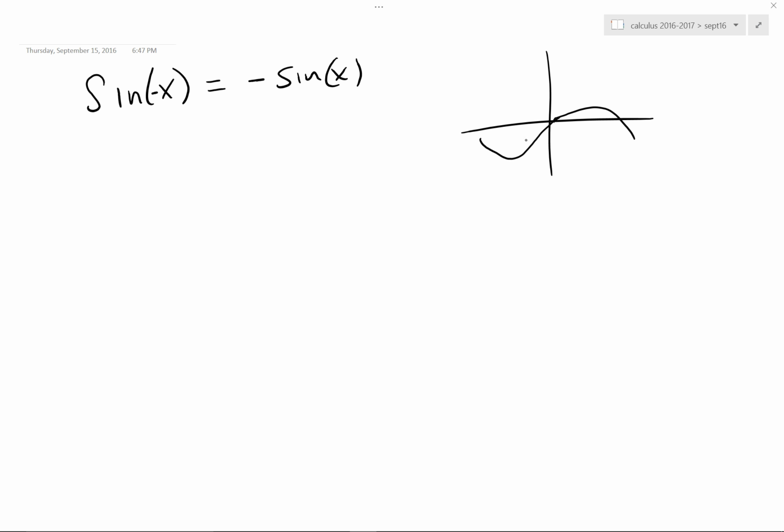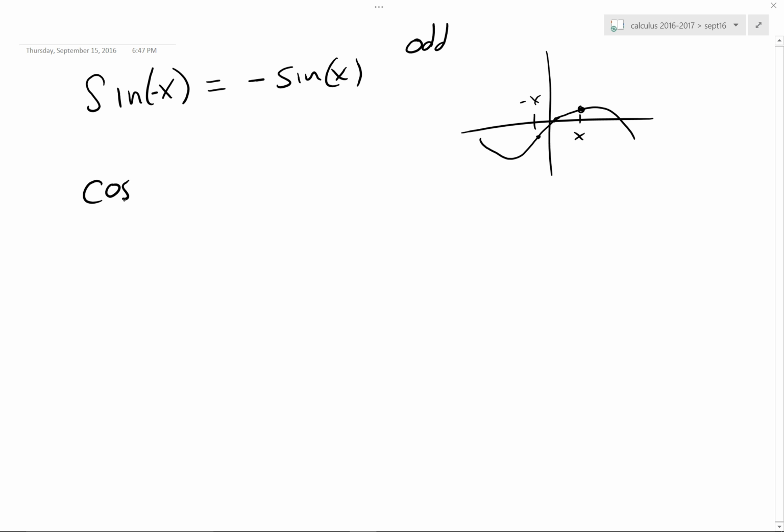So we've been talking about these. We know that the sine of negative x has to equal negative sine x. We know that from the graph, because it's obvious. Here's negative x and here's positive x, and look, their y's are opposite to each other. We know this because sine is an odd function.